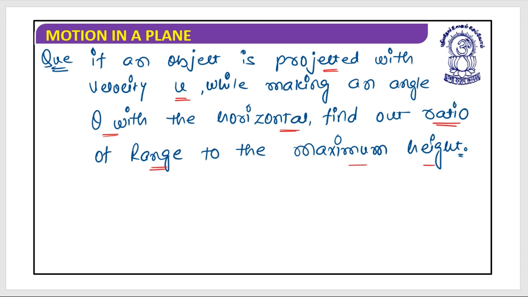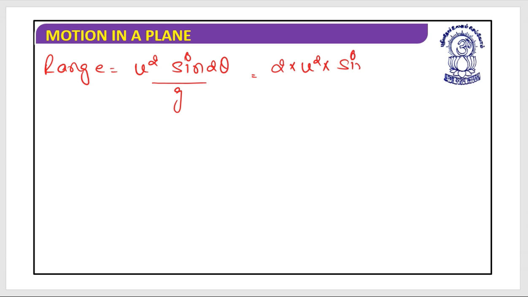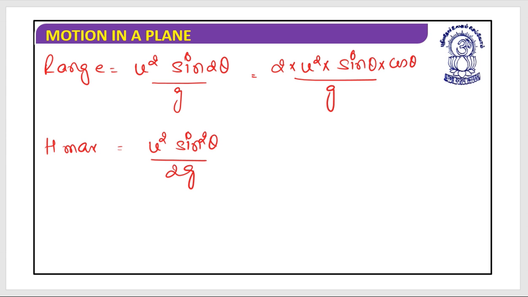So first, what is range? I can write the range as u square sine 2 theta divided by g. If I simplify this, it is 2 multiplied by u square multiplied by sine theta multiplied by cos theta divided by g. And the maximum height, h max, is u square sine square theta divided by 2g.